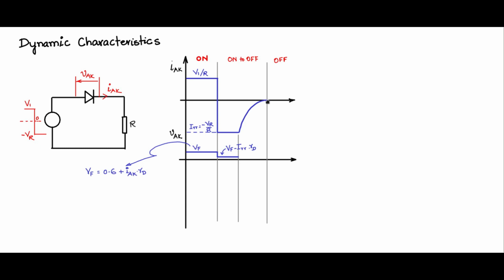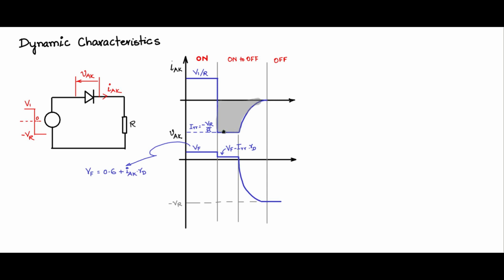So that is when we say that it has now gone into the off state. With respect to the voltage here, if this is minus VR, it should appear totally across the device, and you will see that gradually the voltage blocking capability is restored to full blocking capability once all the charges have been recombined.